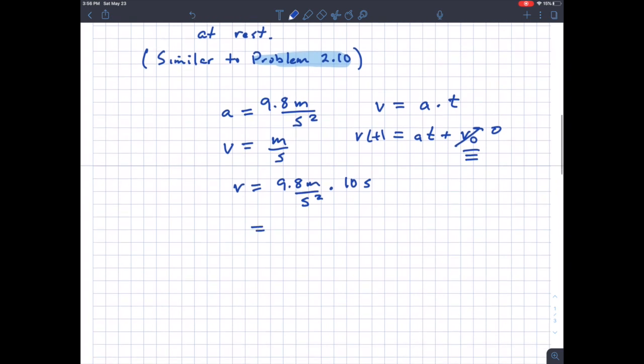It looks like we get 9.8 times 10, which is 98, and then seconds cancel in the numerator, and I'm left with meters per second, which makes sense for velocity.